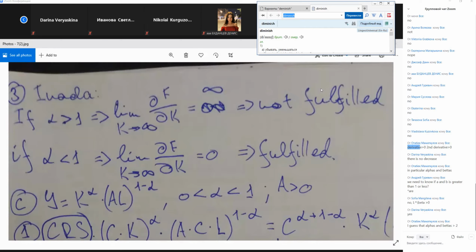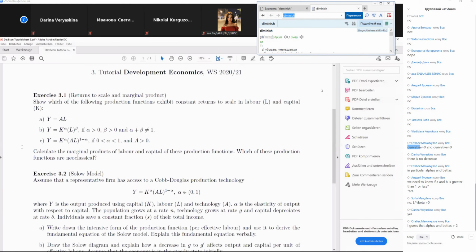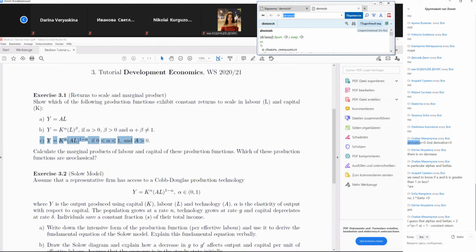Right, coming back to our third function. Yes, exactly.